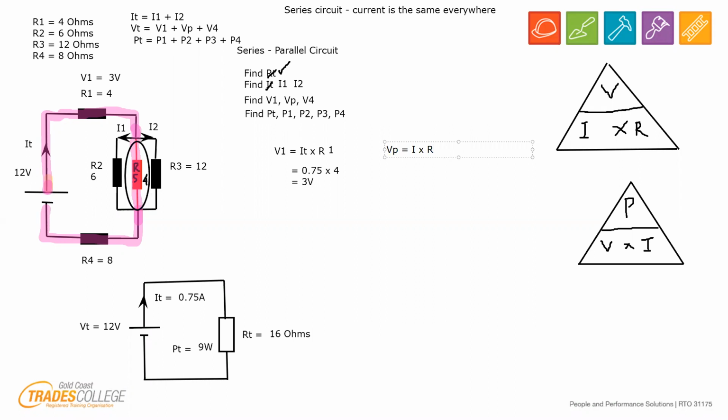Well, which I and which R? Look at the pink. It's going through R5. R5 was the equivalent that we calculated earlier. So that's the resistor we need to use to work out how much voltage is dropped across here.